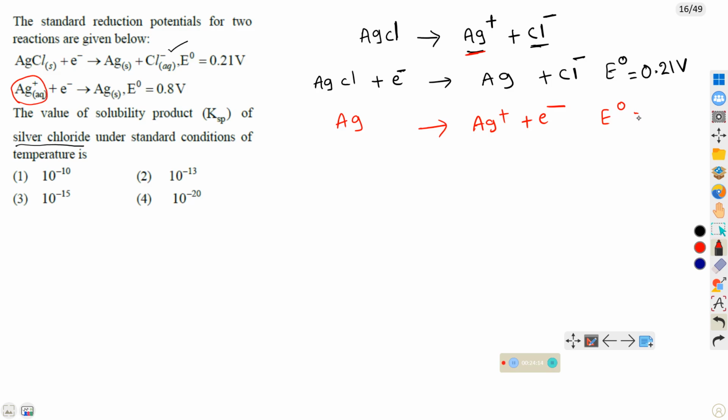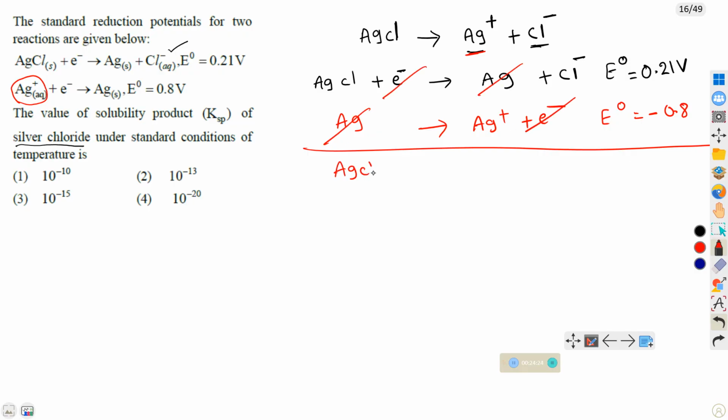Reverse the reaction, then change the sign. Ag gets cancelled, electron gets cancelled. AgCl gives rise to Ag plus Cl minus. Calculate the E naught value. E naught value is equal to minus 0.59 volts.